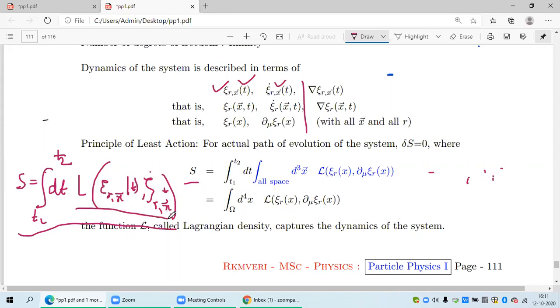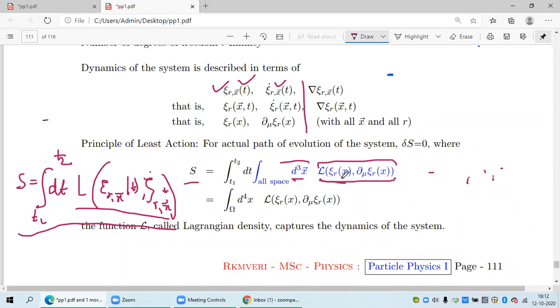Just this part I write as an integral of d3x, because to find this L you need a fixed t and all the values of x simultaneously. Clear? But since x is a continuous parameter, you can put it as an integral over all space of a function at a single point x.